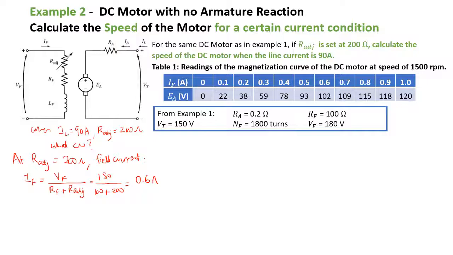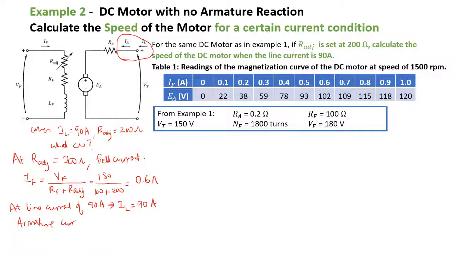Now, we're also set at a line current of 90 amperes, so that means your IL is 90 amperes. From our separately excited machine, we can get the armature current.